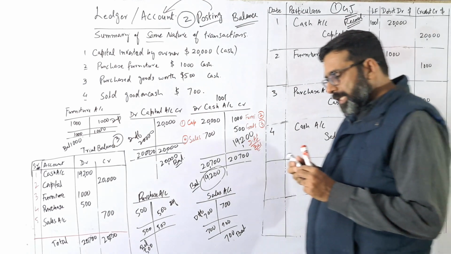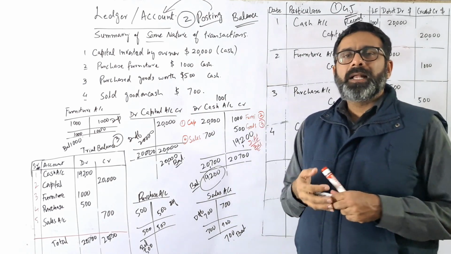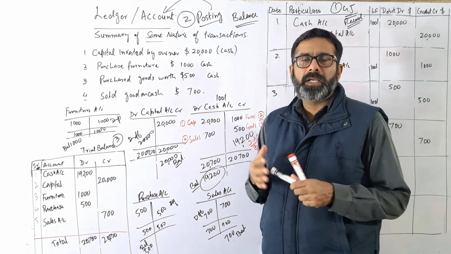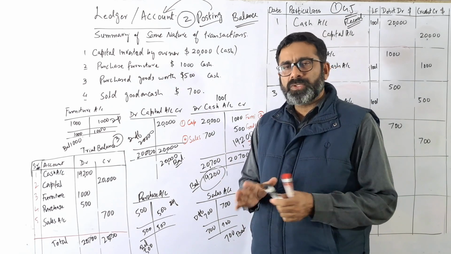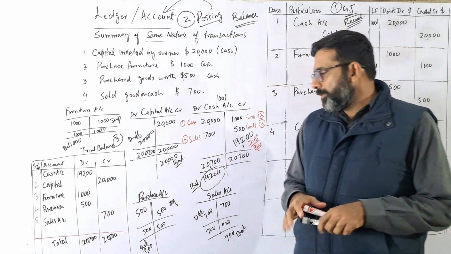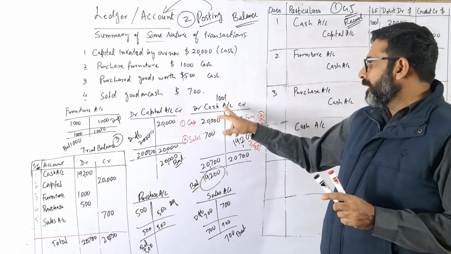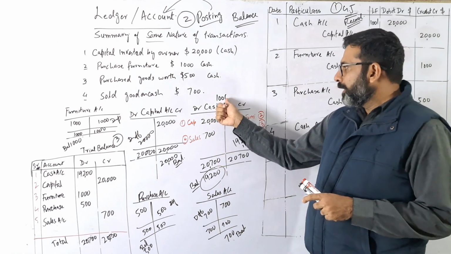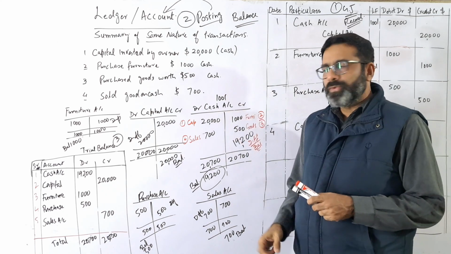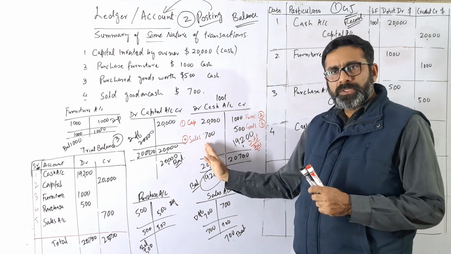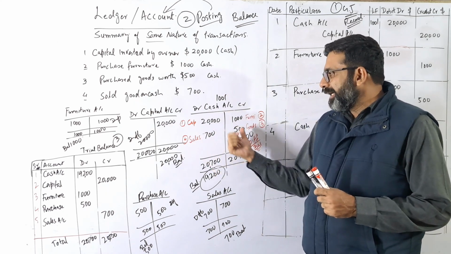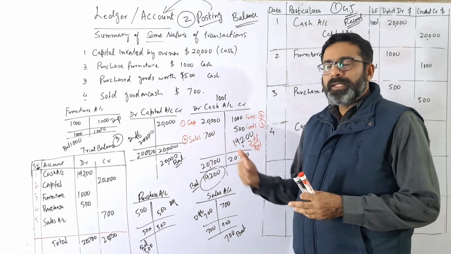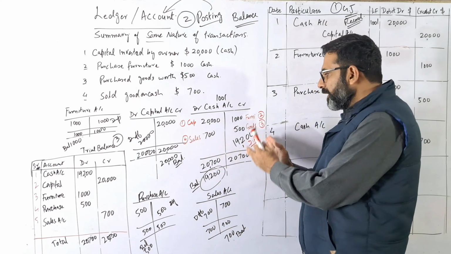So every account has a specific number that is called the ledger folio, or simply the account number, or the post reference. There are so many terminologies, but the basic ones: the name of the account, then the number of the account, then we have debit amounts, credit amounts, then the reason of the debit and the reason of the credit.